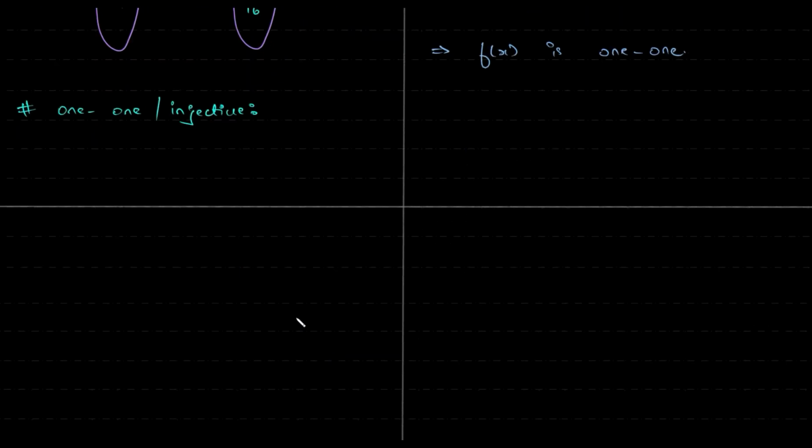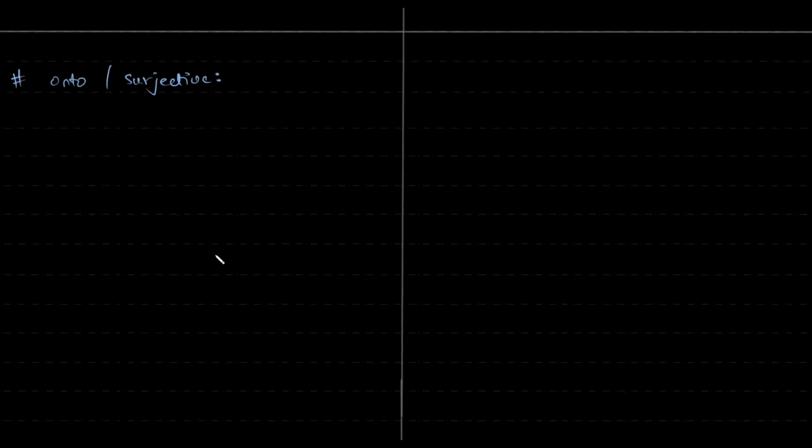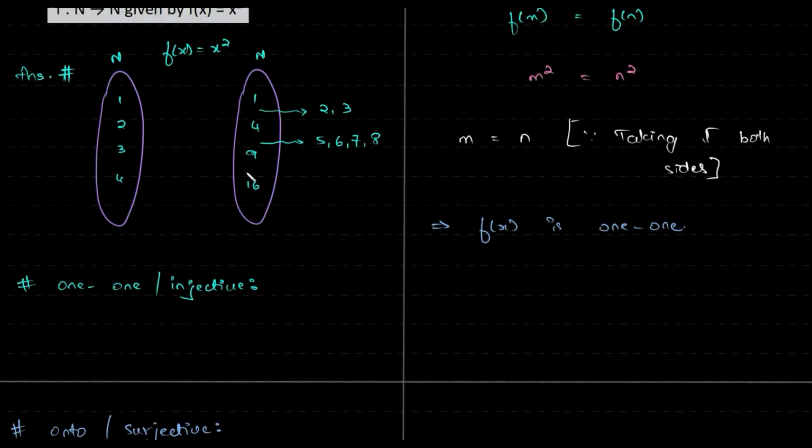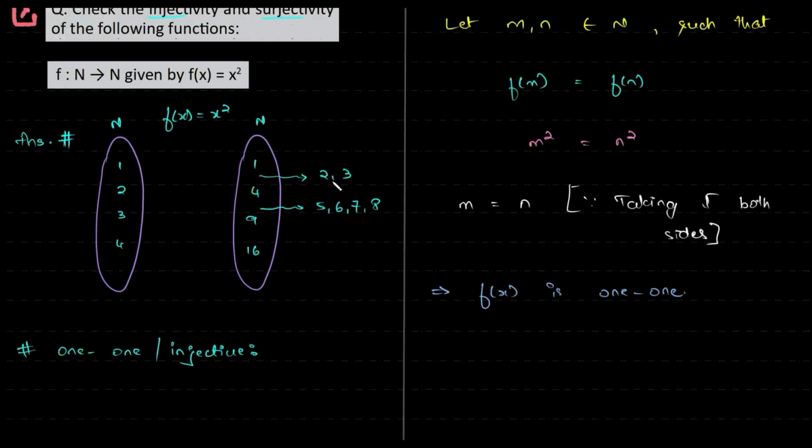Next, surjective or onto. How can we prove something is surjective? Well, for any possible input, we need to have an output. In this case, it is not so, right? We don't have all the possible output values being pointed out. See, these are all the part of your codomain, but they're not the range.